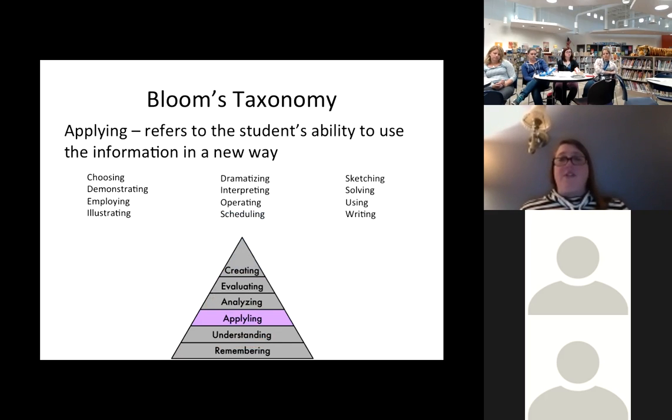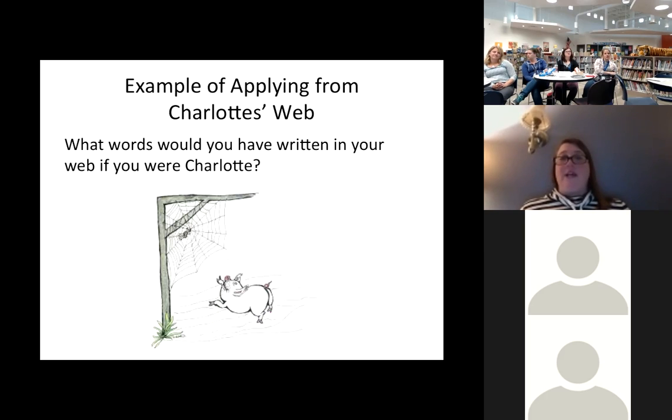Applying just refers to the student's ability to use the information in a new way. So, it's things like dramatizing, interpreting, writing about, illustrating, demonstrating. So, what's an example? Charlotte wrote words in her web. What is a word that you would have written in your web if you were Charlotte?